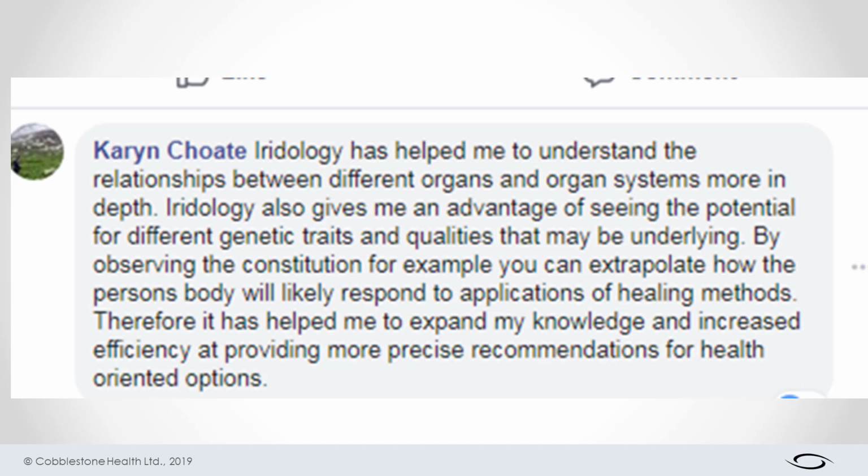By observing the constitution of the eyes, she means, for example, you can extrapolate how the person's body will likely respond to applications of healing methods. Therefore, it has helped me expand my knowledge and increased proficiency at providing more precise recommendations for health-oriented options. I just love that, because that's why I designed the course.